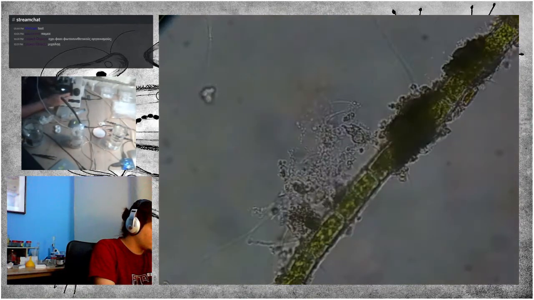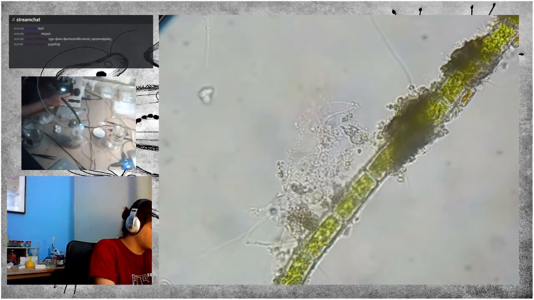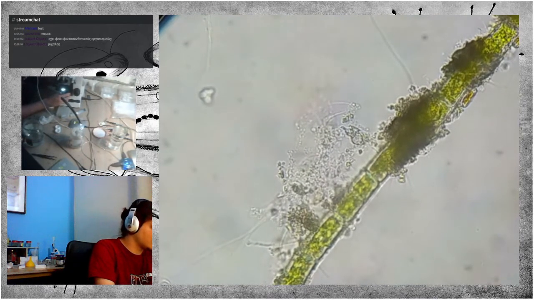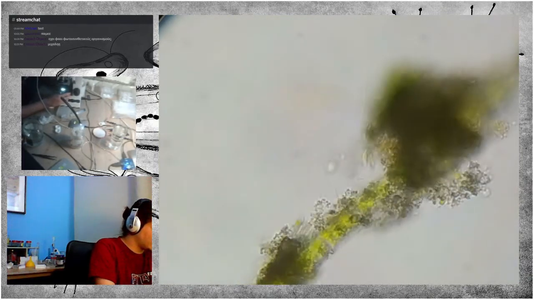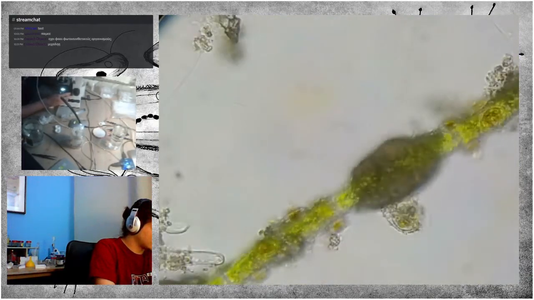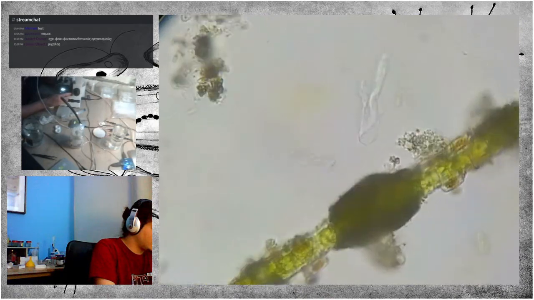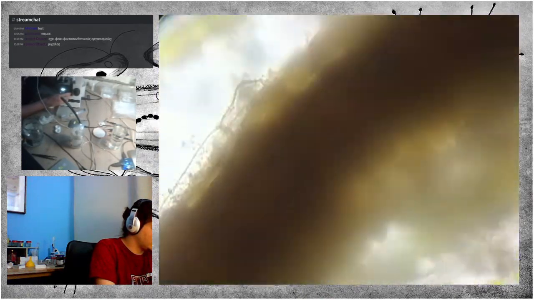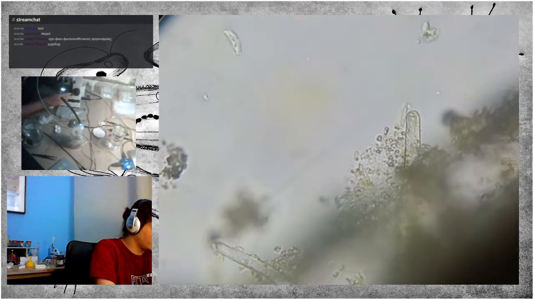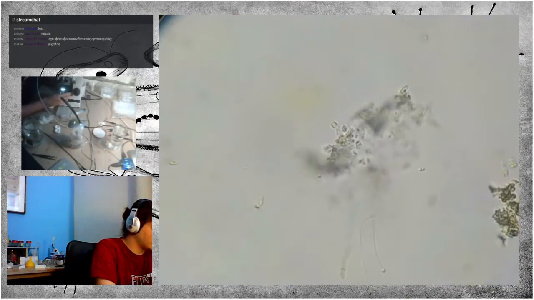Okay, so we're, oh, I accidentally reduced the light intensity. Okay, now we're back again on the slide, and right now I don't know where we are because I moved the cover slip accidentally.